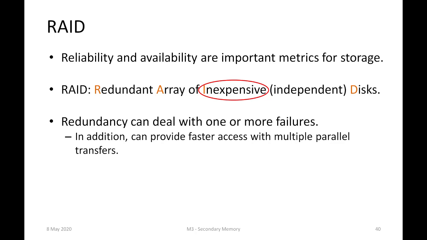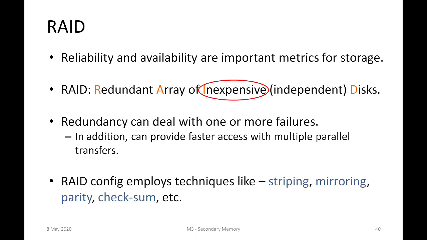We are going to look at a couple of simple examples. RAID configurations employ techniques like striping, mirroring, parity, sum check, and error correction, so on and so forth, to ensure reliability of the underlying stored data.